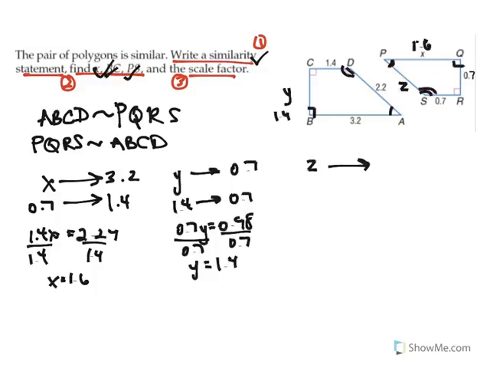Oh wait, no, I'm sorry. Z is this side right here. And it's between 2 and 1, right? So that's going to correspond to the side that's between 2 and 1 over here, which is 2.2. So Z is going to correspond to 2.2.